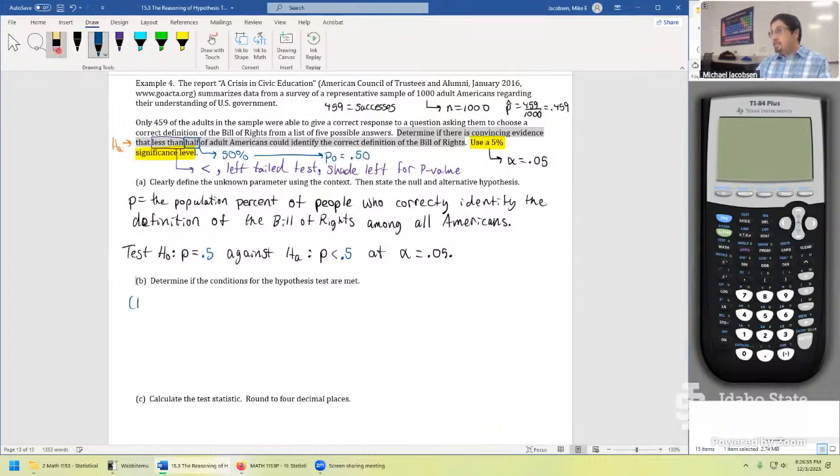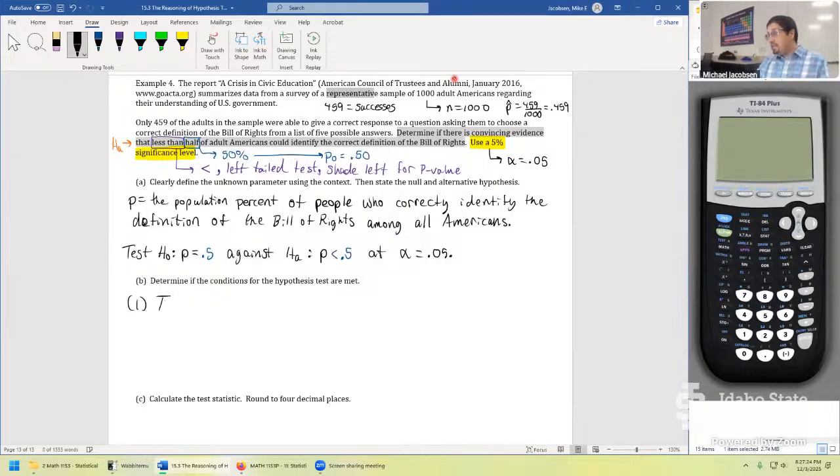And for conditions, I'm only asking 2 quick conditions. We're checking for randomization. Nothing said anything about randomization, so the next best thing, they did make a statement of it being a representative sample. So that allows the condition to pass with kind of a question mark. You might want to, again, alert these people you're curious about their methods to see how they got this sample so you could judge for yourself.